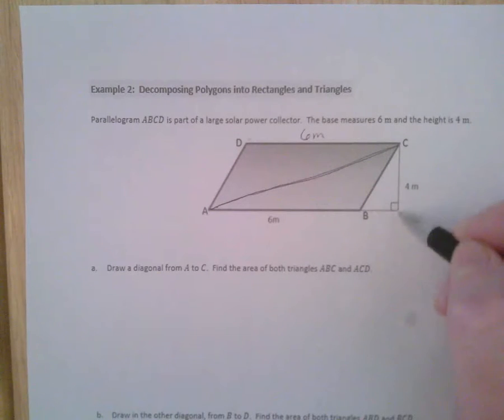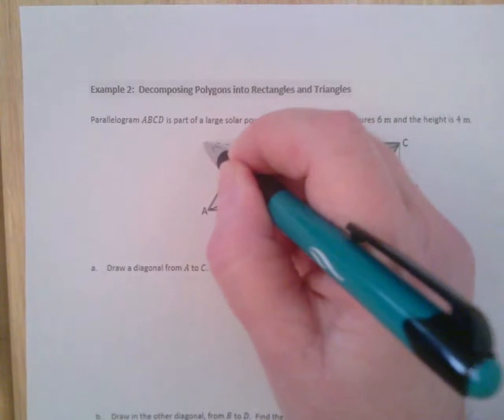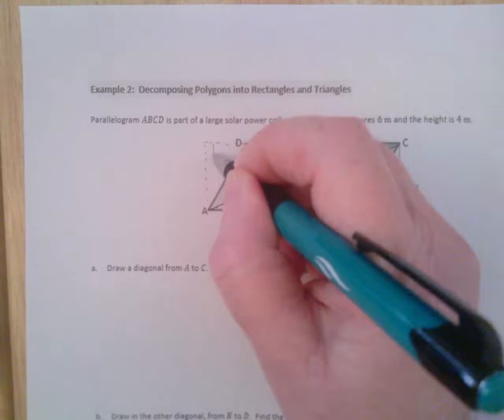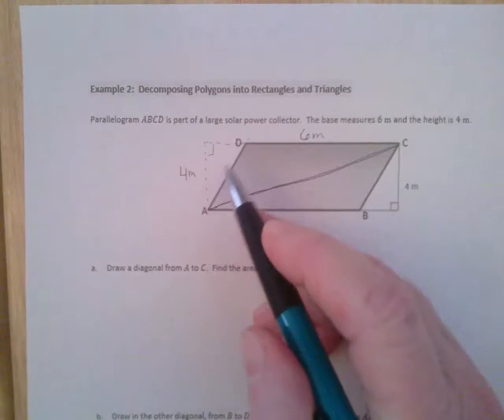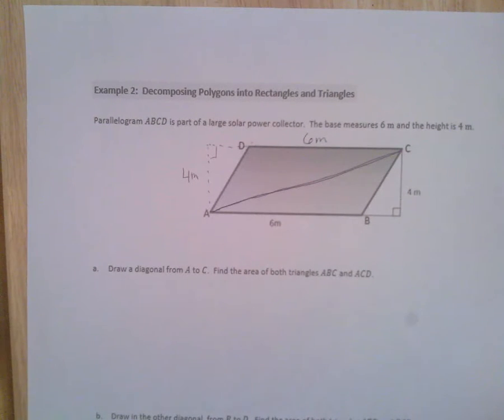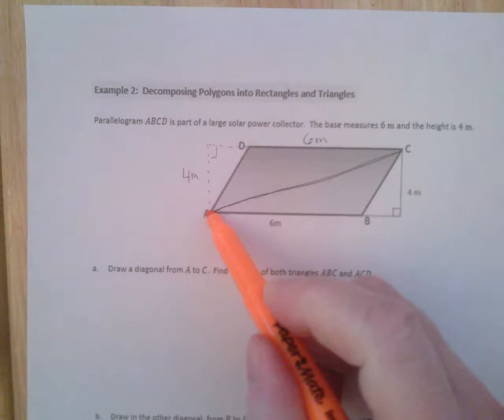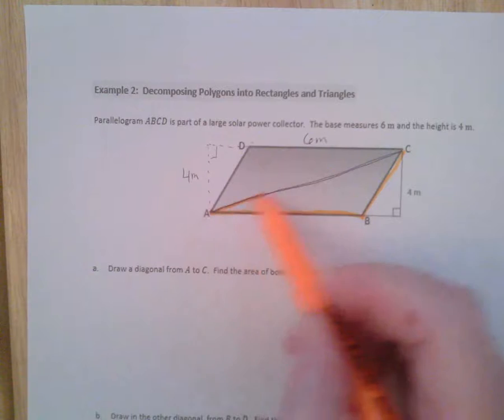And if the height on this side of the parallelogram is 4, if we do the same thing by constructing a right triangle, then our height will also be 4 on this side. So now we've made two triangles. The first triangle is ABC.